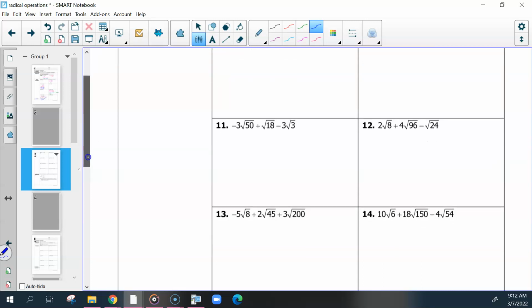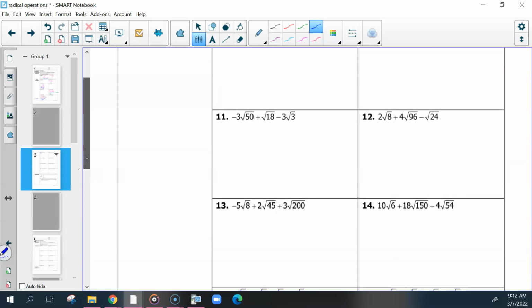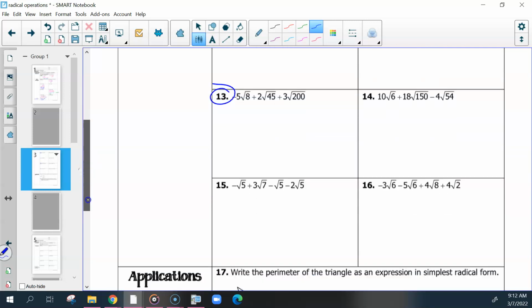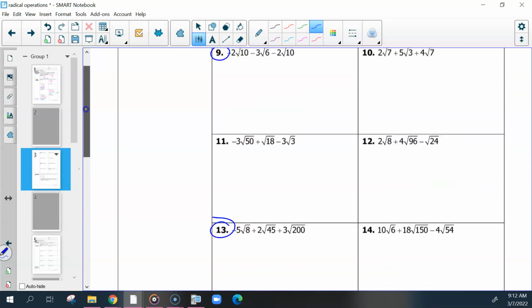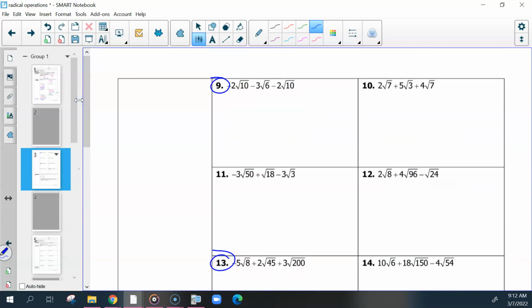So we'll do a few of these, starting with number 9. Can we add these all together? No. We have two that have the same number, but one that does not.